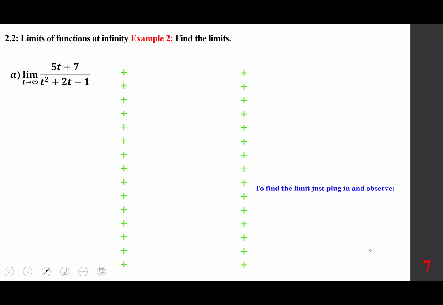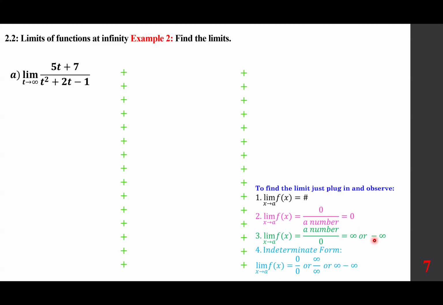We want to find the limit of the function at infinity. First, reminding you, to find the limit, just plug in and observe. It gives you a number, you're done. 0 over a number other than 0 is 0. A number over 0 tends to either infinity or negative infinity.